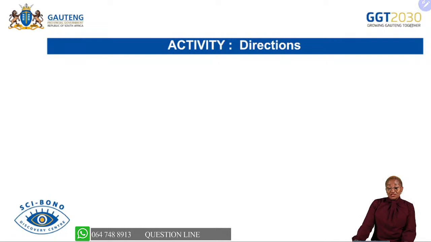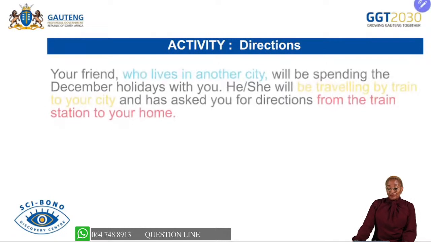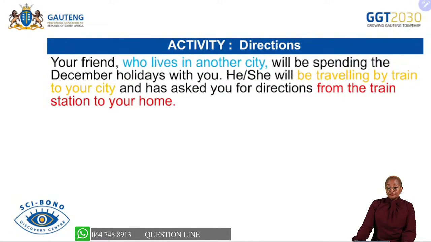Let's have a look at our activity for directions. Your friend who lives in another city will be spending the December holidays with you. She will be traveling by train to your city and has asked you for directions from the train station to your home.